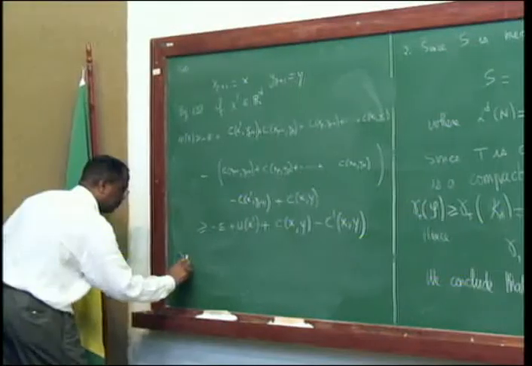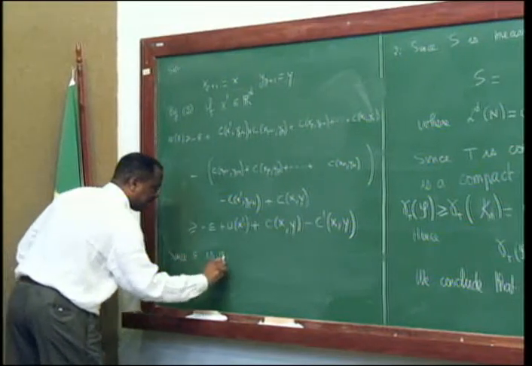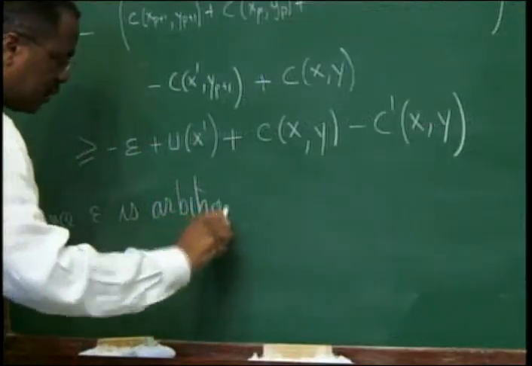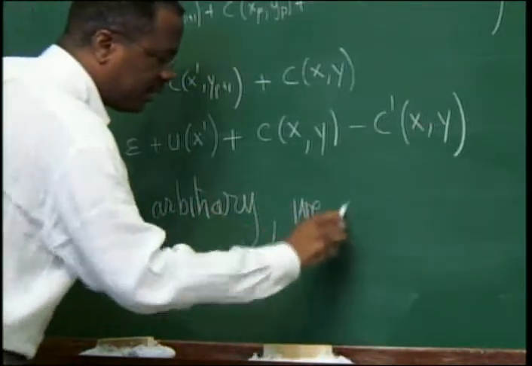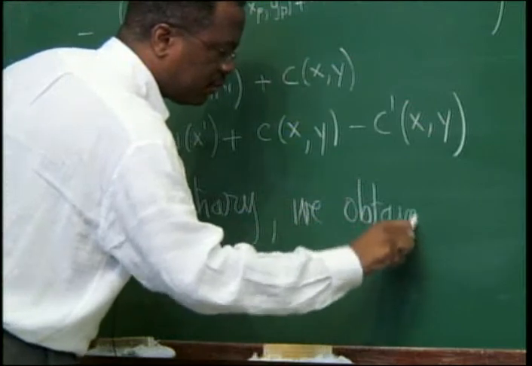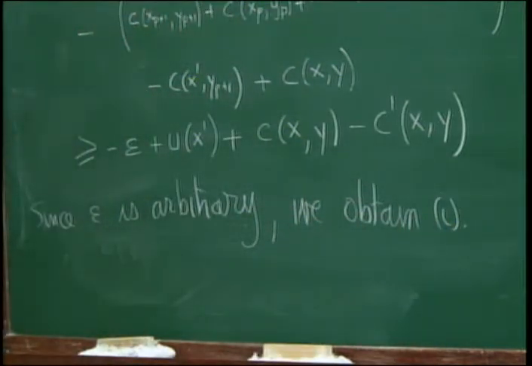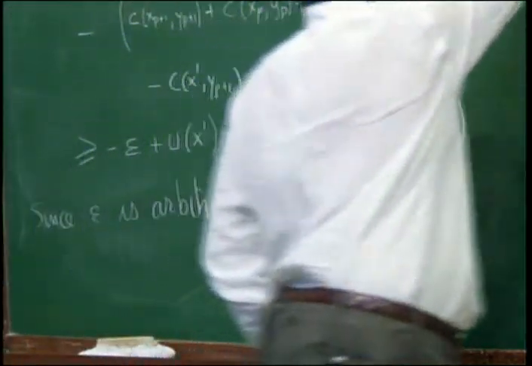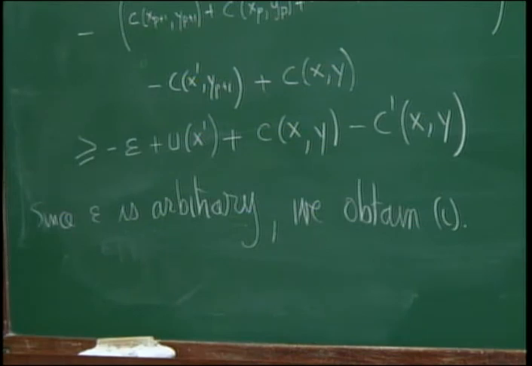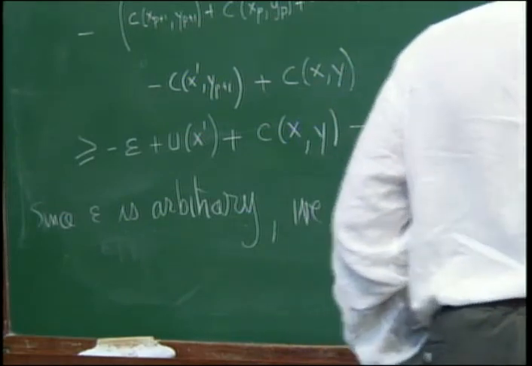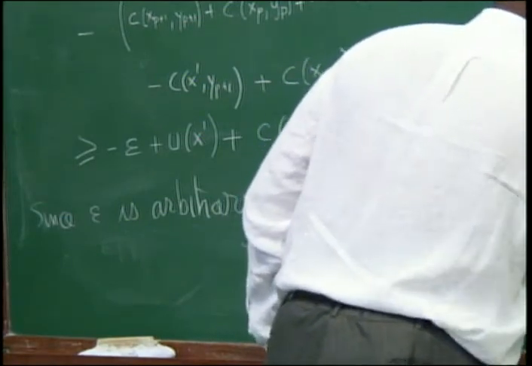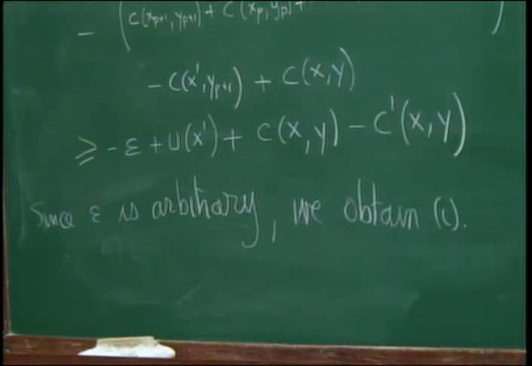Since epsilon is arbitrary, we obtain I. Okay.